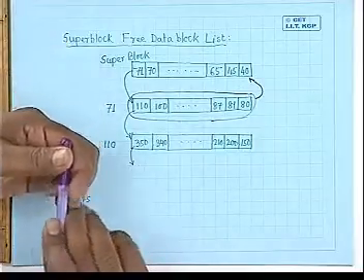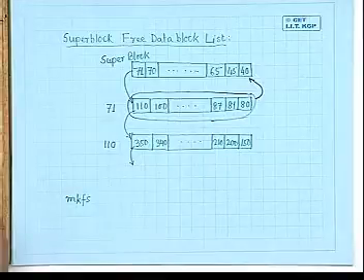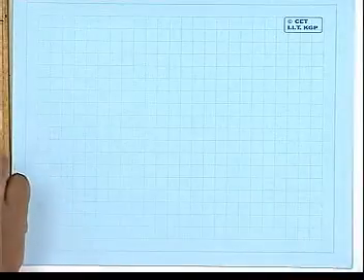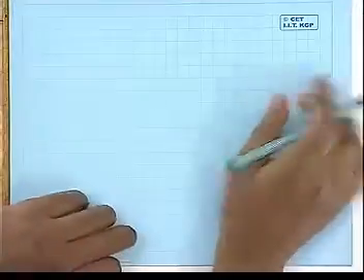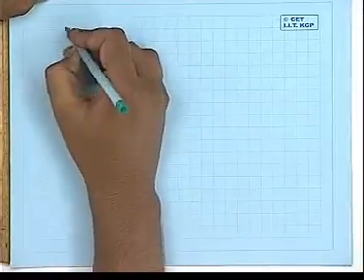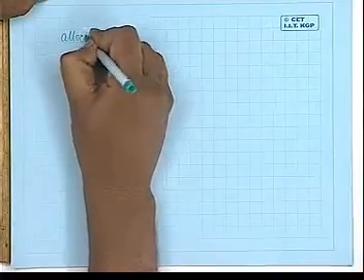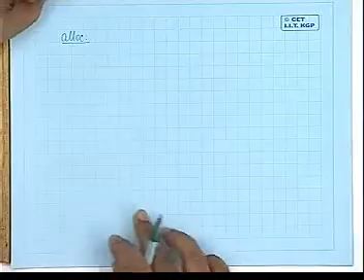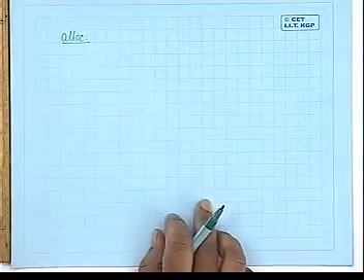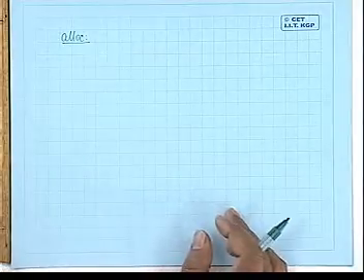So you can write an algorithm in the same manner for allocation of disk blocks. This is an algorithm, say alloc, for allocation of disk blocks. What is the input that is needed?